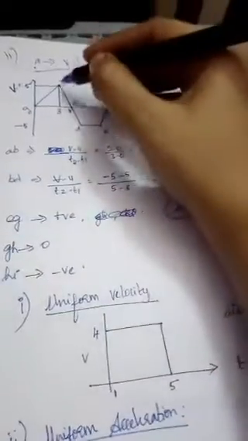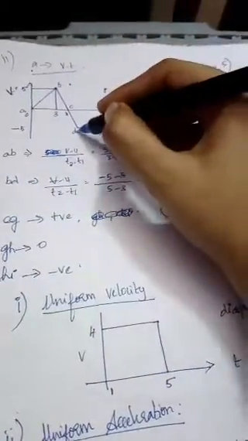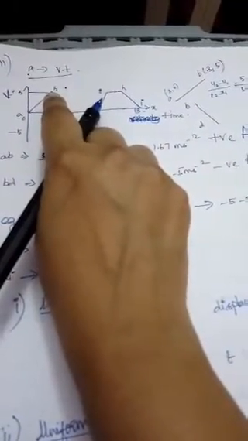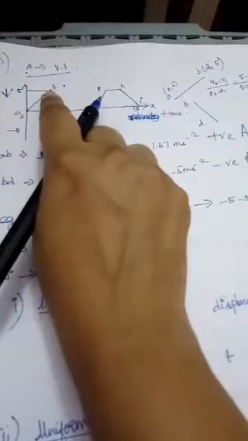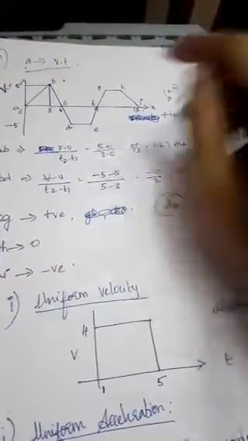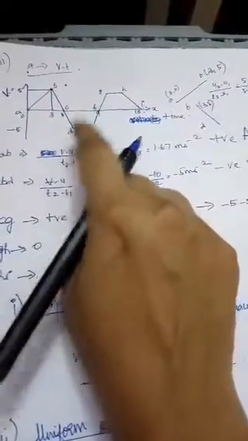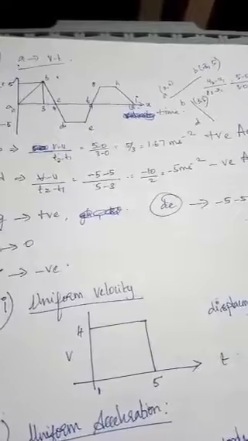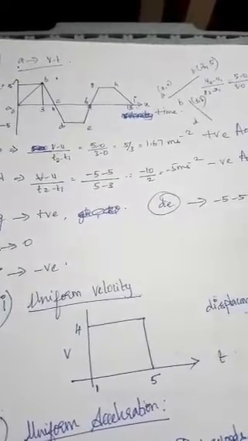Next, I'll try to find it for B to D. At the point B, locate your x and y. So it is 3, 5. And for D, if you look at the value, it is minus 5.